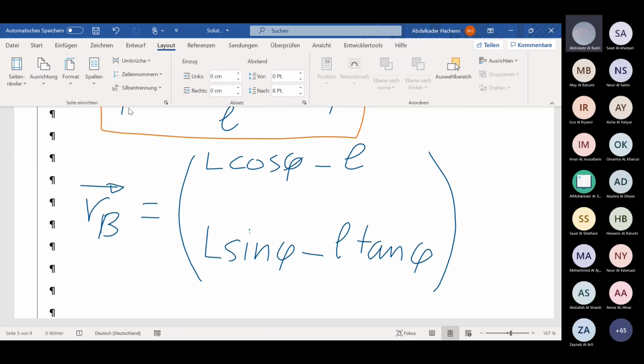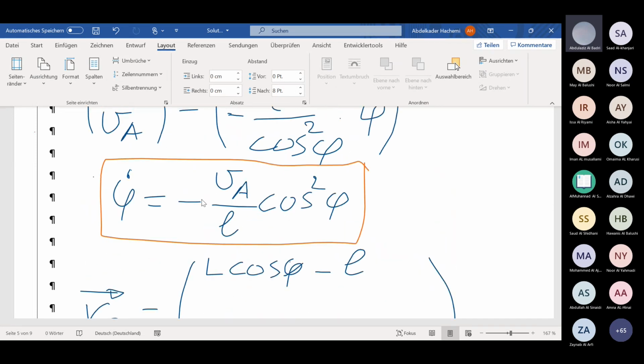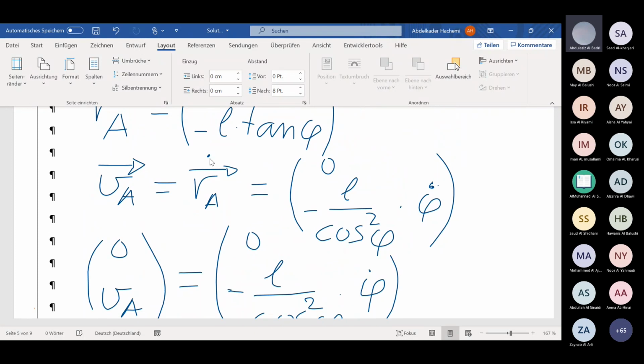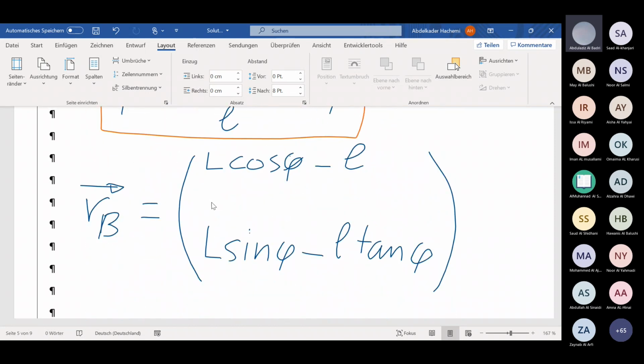Now, if we look at RB, VB is the same as this equation here, it's only RB dot.